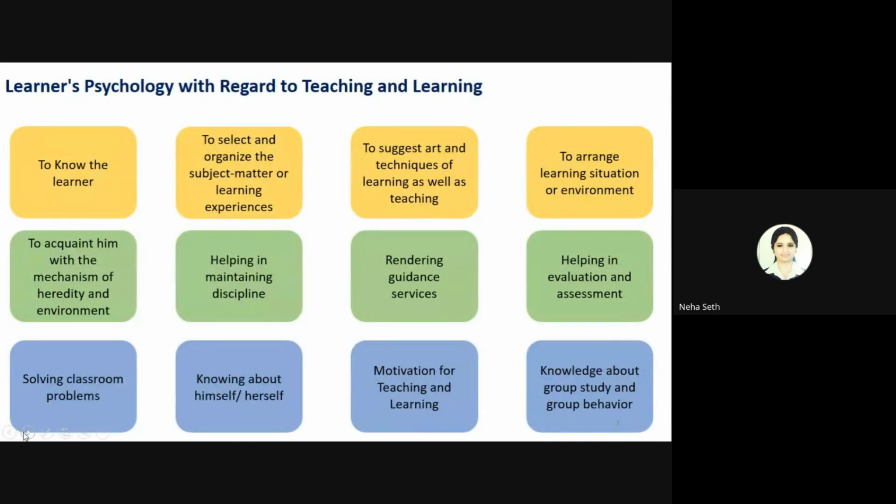This is how I am giving them liberty to use their phones in the class. So I need to understand my learner. I have to adapt to that change and implement that change in my class, so that it can be easily acceptable by the students as well as by me, and it makes our teaching-learning process smooth. This understanding of psychology also helps us in selecting and organizing the subject matter or the learning experience.